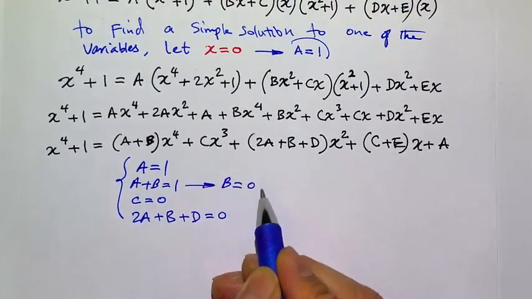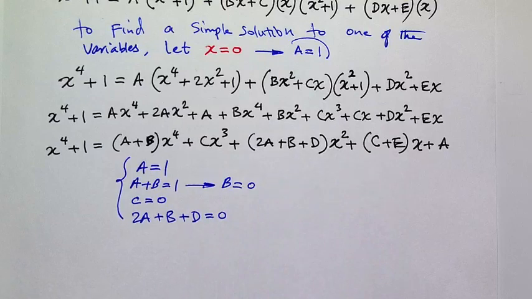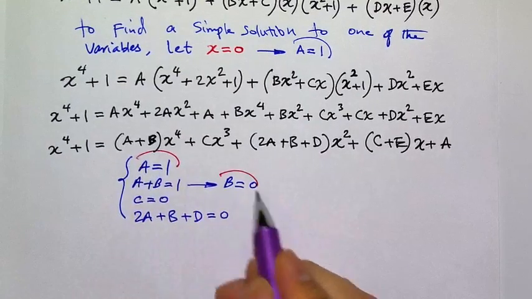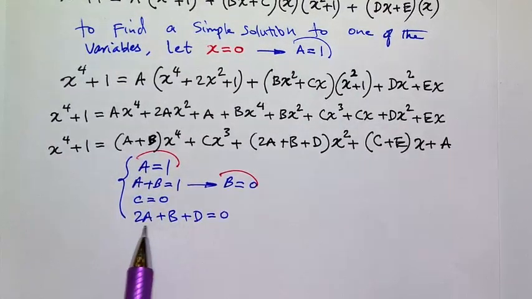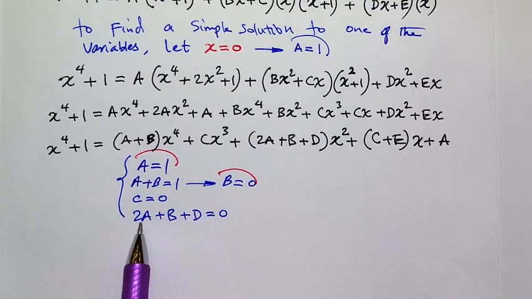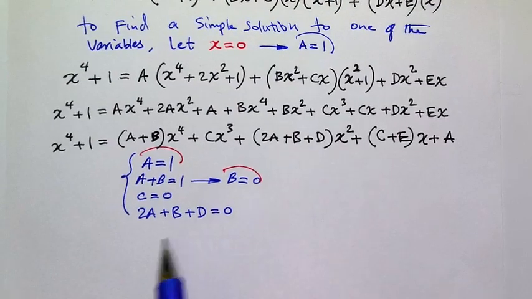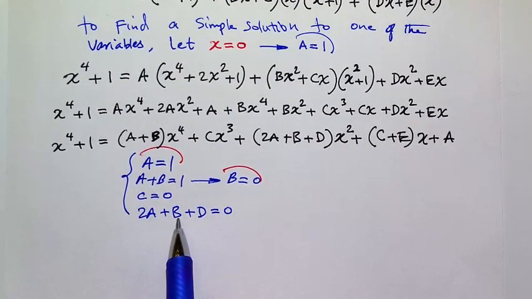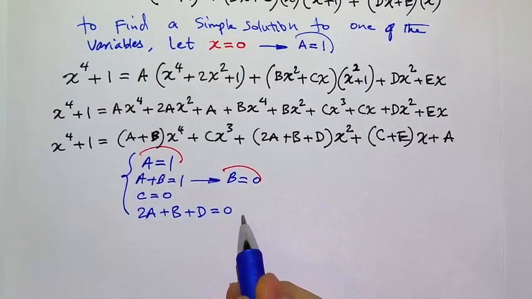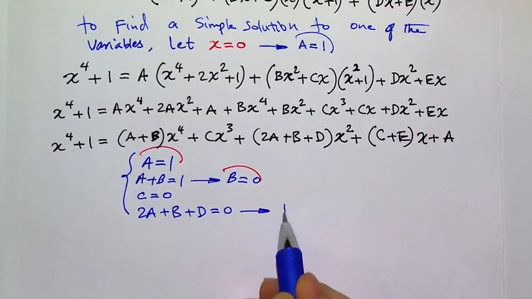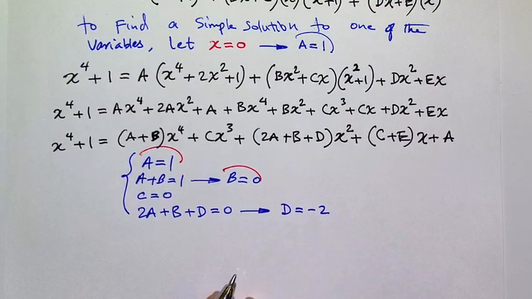B equals 0. So we have that figured out, and c equals 0. If we substitute for b and a here, we can solve for d very easily, right? That would be 2 plus 0. D would be equal to minus 2. So d equals minus 2.